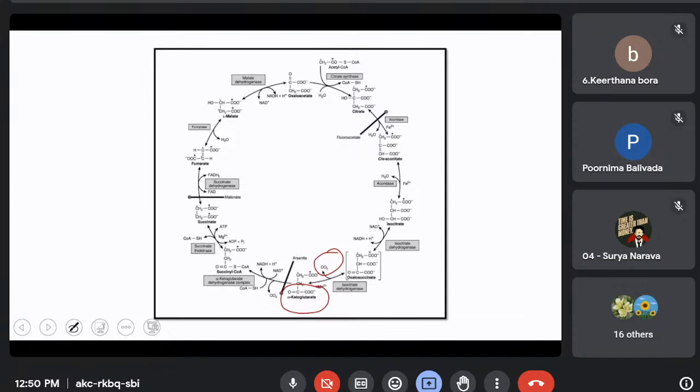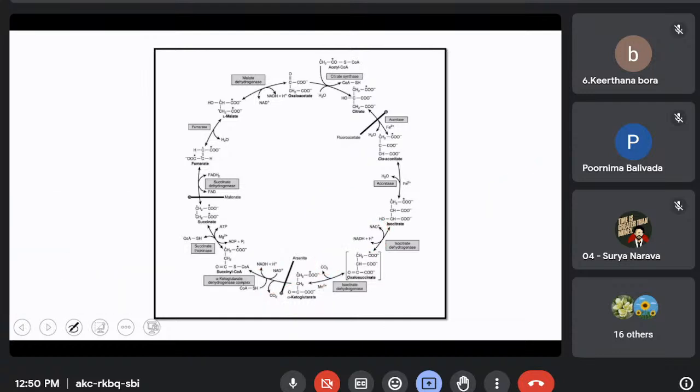And now the same alpha ketoglutaric acid undergoes oxidative decarboxylation 2. Here carbon dioxide is removed. At the same time, hydrogen is removed, which is accepted by NAD so that NADH plus H plus is produced. So NADH plus H plus is produced during the conversion of isocitric acid to alpha ketoglutaric acid, and during the conversion of alpha ketoglutaric acid also.